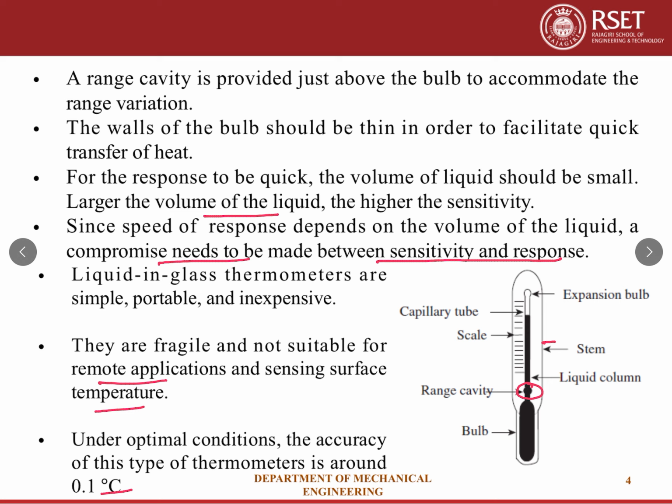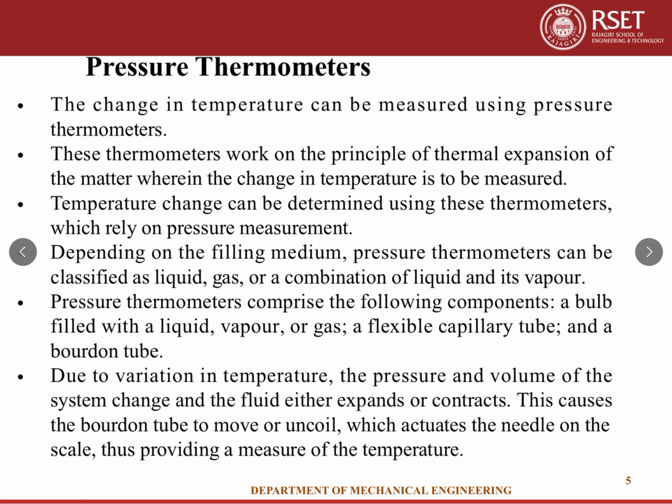So when we keep this bulb in contact with the body whose temperature is to be measured, say 70 degrees, the mercury will expand and give the temperature value based on this scale.